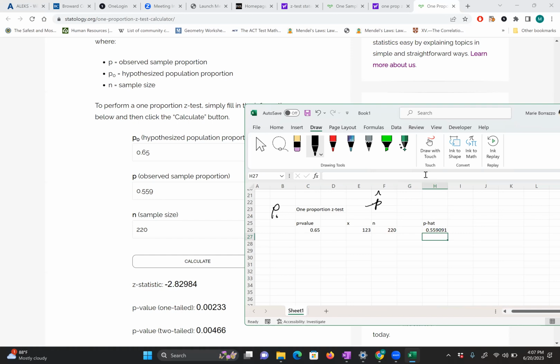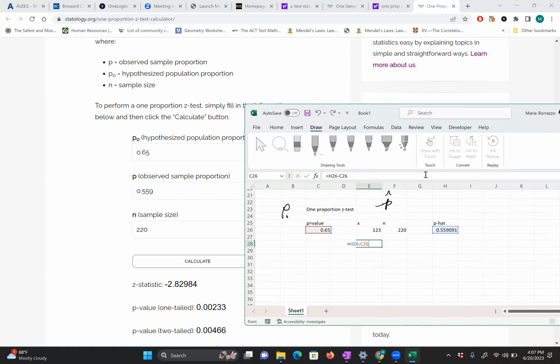Okay. So let's set up the formula. I'm going to set it up for you, and we'll do it together so you can see the big picture. The z-score is always going to equal this number minus this number for the top part. And that's just the numerator. This next number is equal to the square root.